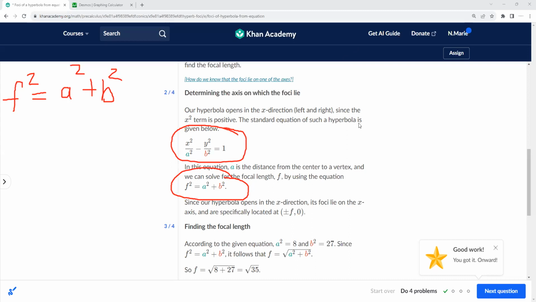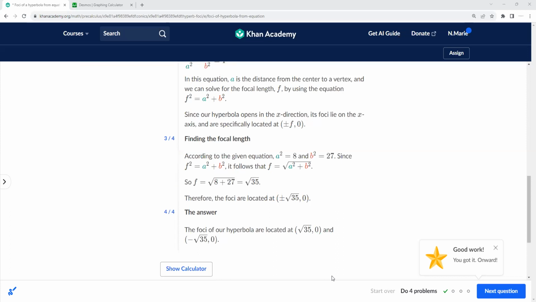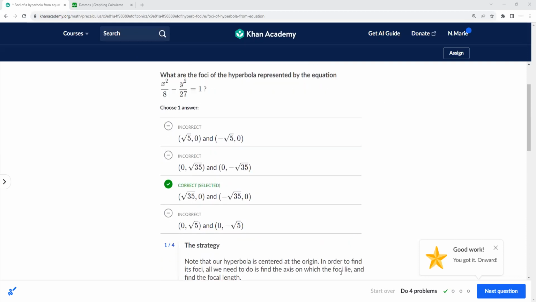So now, let's go back up. Okay, so here we have our equation. You're just going to use these numbers, right? This is your a squared and b squared. You don't even need to square it because it's already squared. So you're just going to do 8 plus 27, which gets you 35.